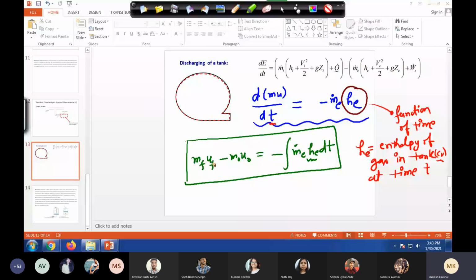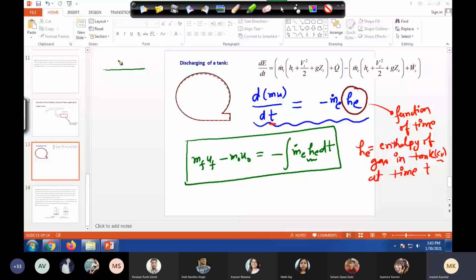Now I have a quick question for you, and a bit innovative. If I tell you how pressure is going to vary, let's say I give you data points at different times.